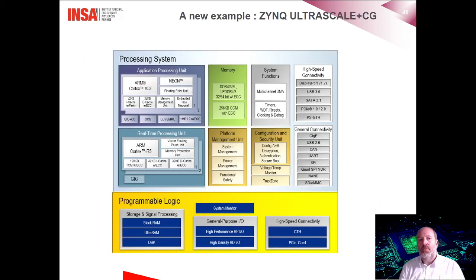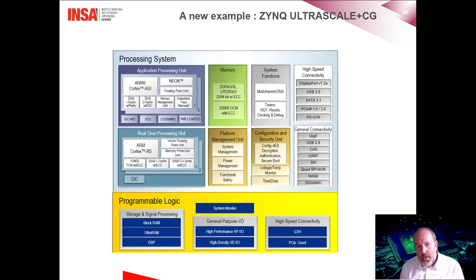This slide shows just an example of a very recent device by Xilinx. It's just to show that recent SoPCs have become very complex in their structure, which will have consequences in terms of design. These example devices feature a heterogeneous processing system composed of dual Cortex-A53 cores and a dual-core Cortex-R5 real-time processing unit.